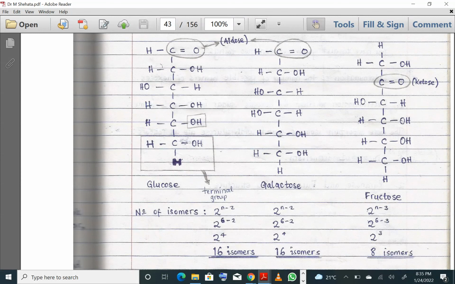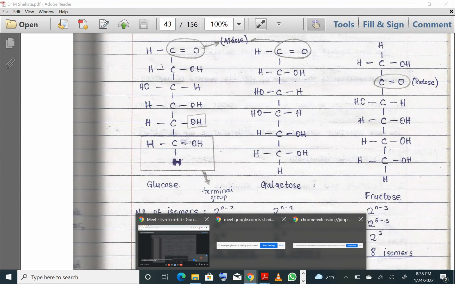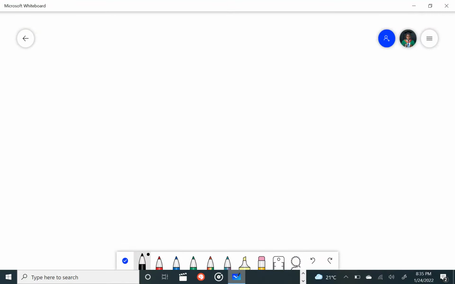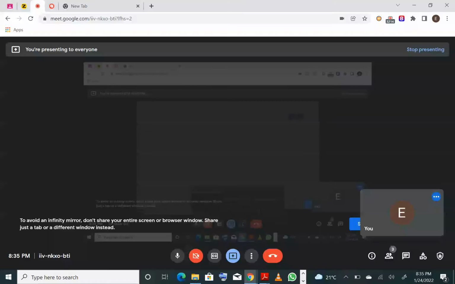Okay, so you're asking, is it possible for a compound to have 2 terminal groups? Well, it just depends on what you have.